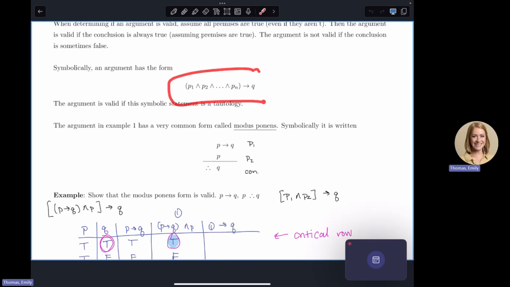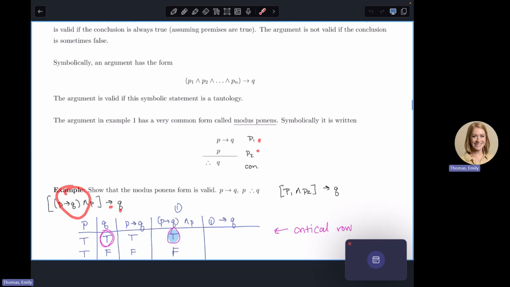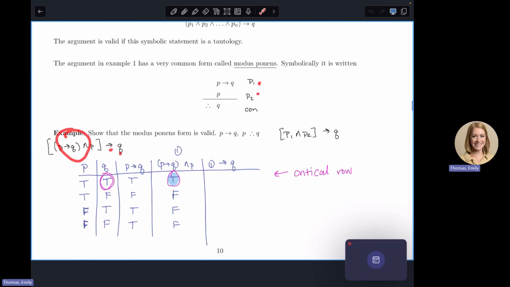Implies the conclusion. This is what we call the logical statement of the argument. It's just the symbolic argument. So when we have something like the modus ponens form here, premise 1 is this, premise 2 is this, and this is our conclusion. So premise 1 and premise 2 together should imply the conclusion. That's the statement. That in itself, I don't think it's that hard to get.